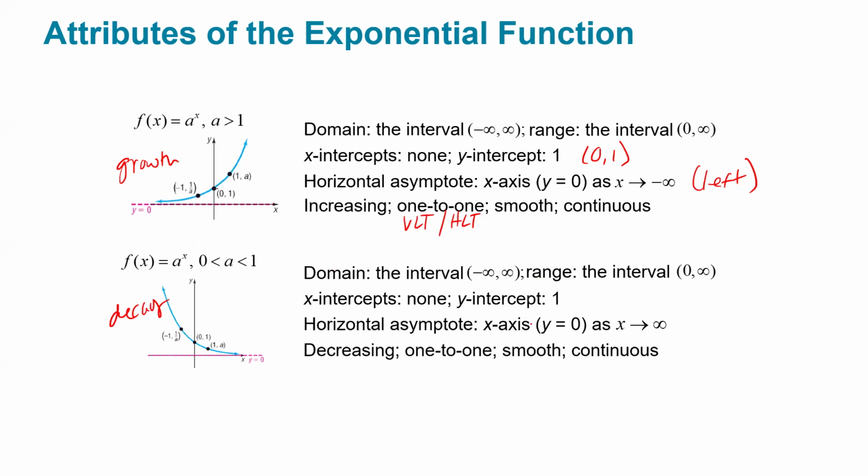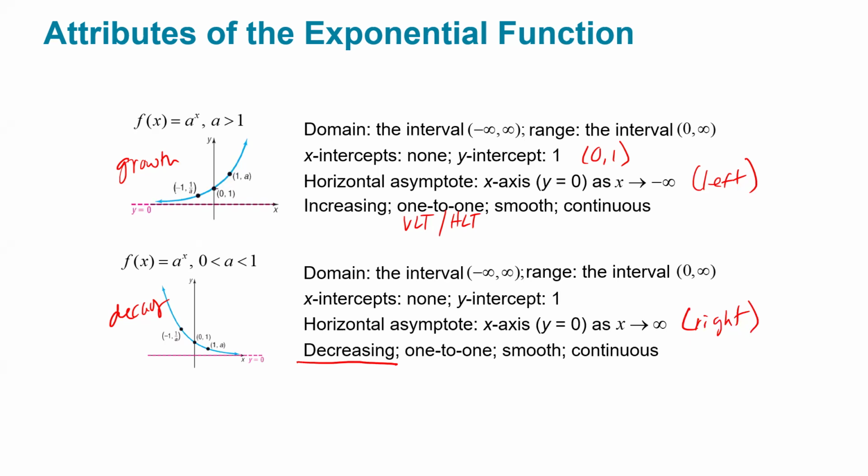Okay. Because of this decline, our horizontal asymptote is the x-axis, and we're going to approach it coming from the left towards the right. And I made a typo in your notes, and it should say decreasing, not increasing. So please correct that.